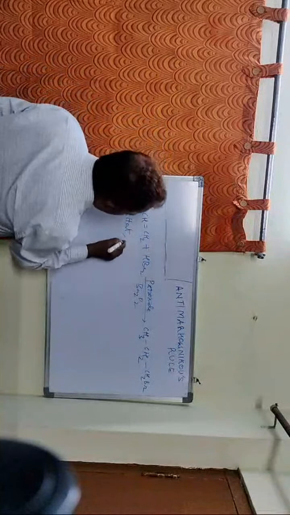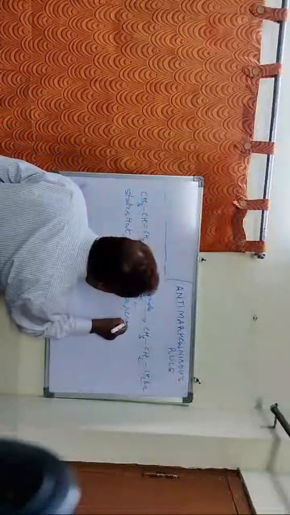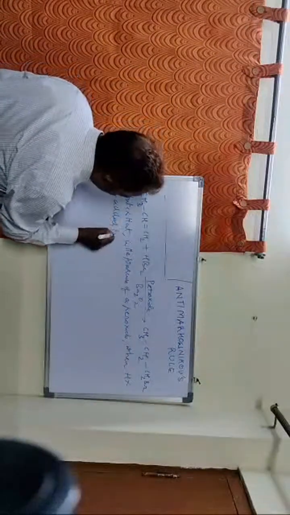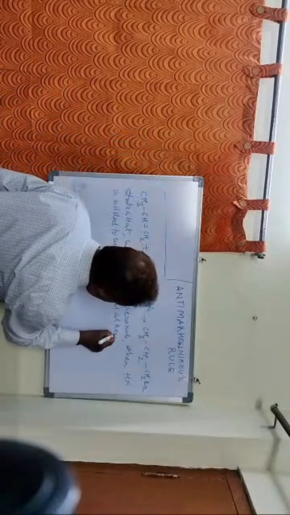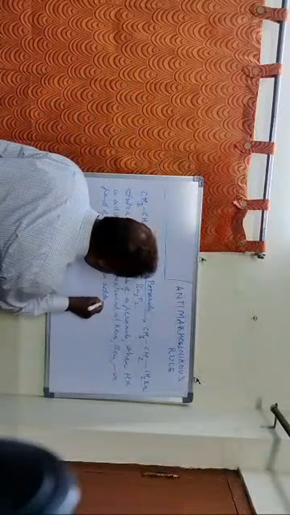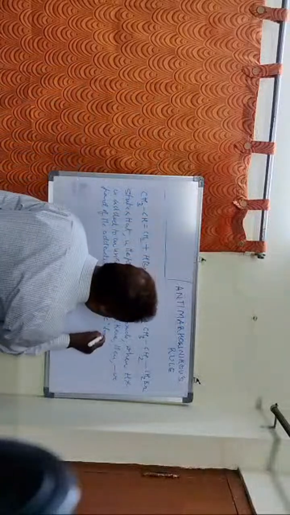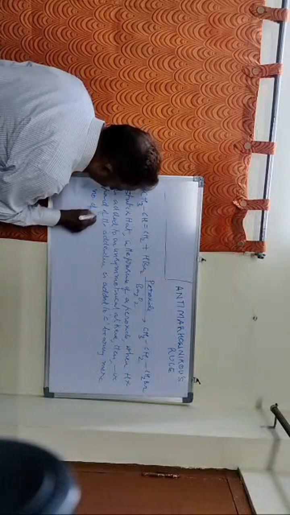So anti-Markovnikov's rule states that in the presence of a peroxide, when a hydrogen acid, HX, is added to an unsymmetrical alkene, then the negative part of the addendum is added to or bonded to the carbon bearing more number of hydrogen atoms.